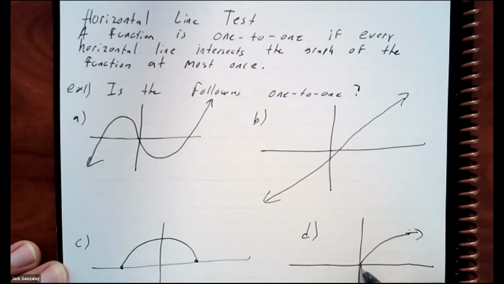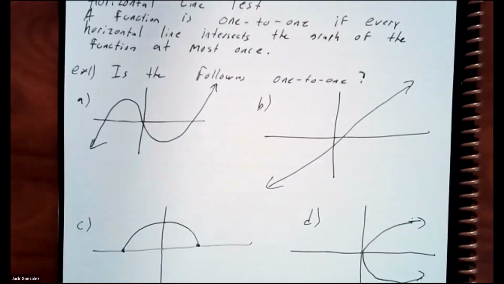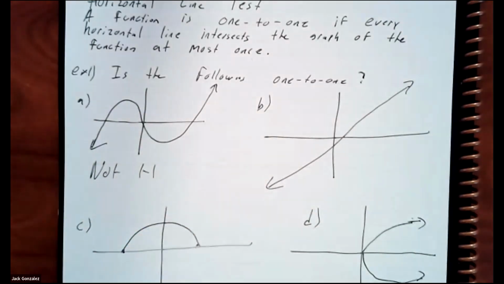Is it 1-to-1? No, right? If I draw a horizontal line, I'll probably hit at least 2, maybe at most 3 places, right? So no, not 1-to-1. I'm going to shorten 1-to-1 by 1-1. Well, part B. What do you think?